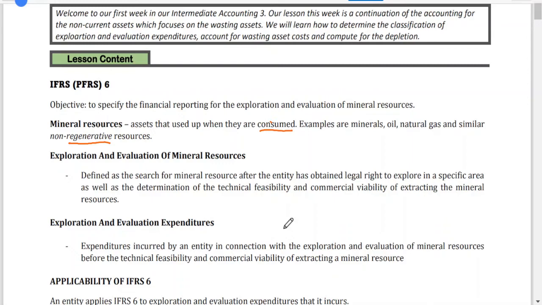Pero during this time, kay exploration and evaluation pa man, so ato apang gi-check kung naa bay technical feasibility and commercial viability. Meaning, pwede pa ba nato siyang further ma-develop? Pwede pa ba siyang further nato nga ma-process?